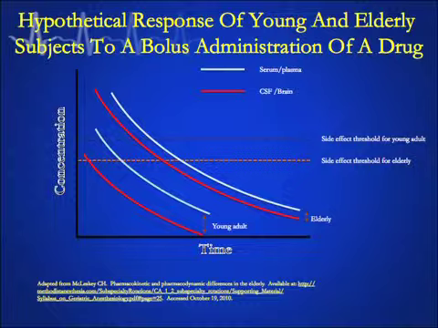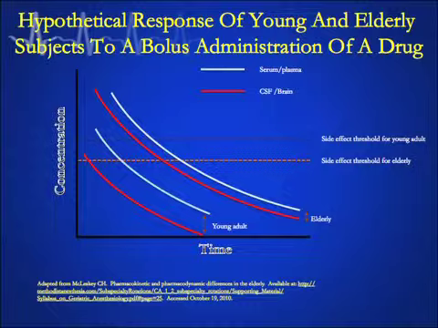If you see here, this is time, this is young persons, this is young adult, and this is old and elderly person. This is concentration in the brain, this is concentration in the serum.